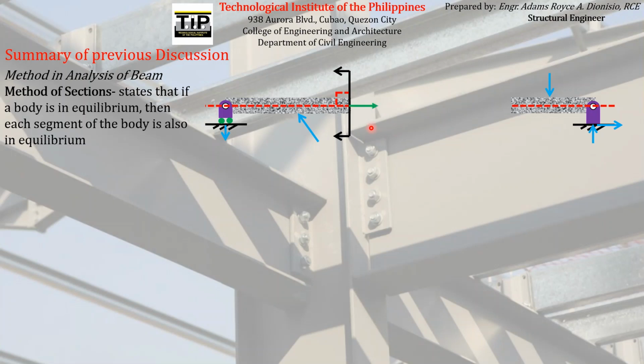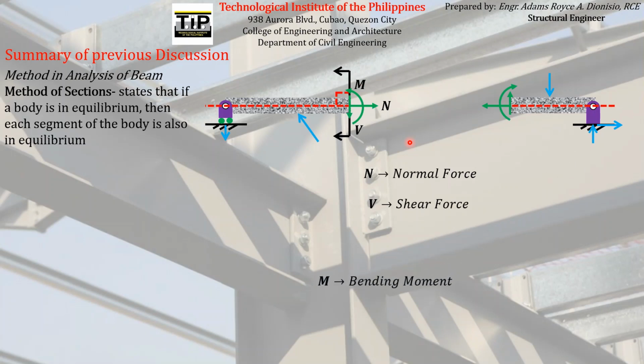We usually call the horizontal component of that internal force the normal force, the vertical component the shear force, and the moment component the bending moment. Take note that the magnitudes of these internal forces are equal but opposite in direction.